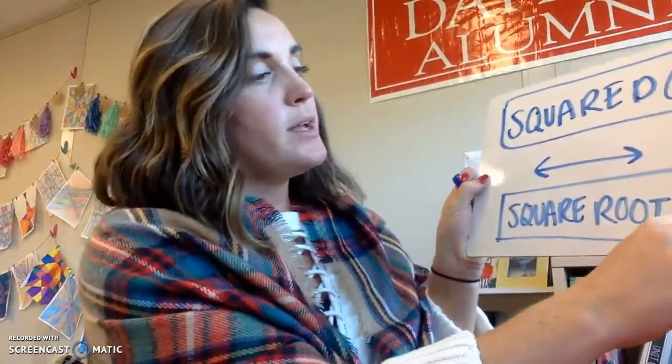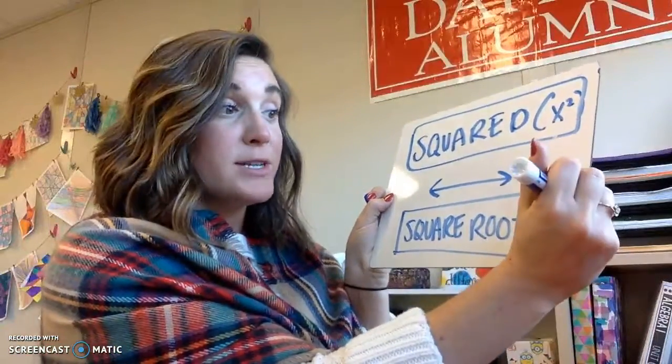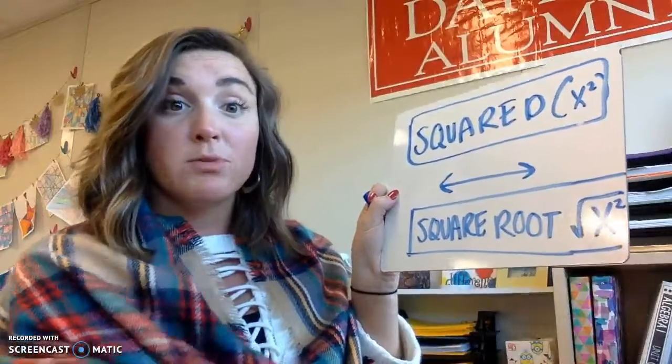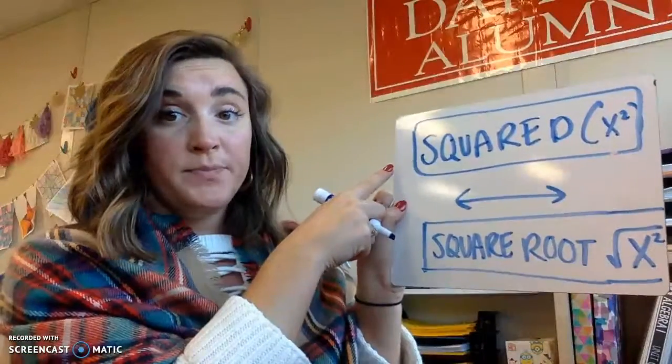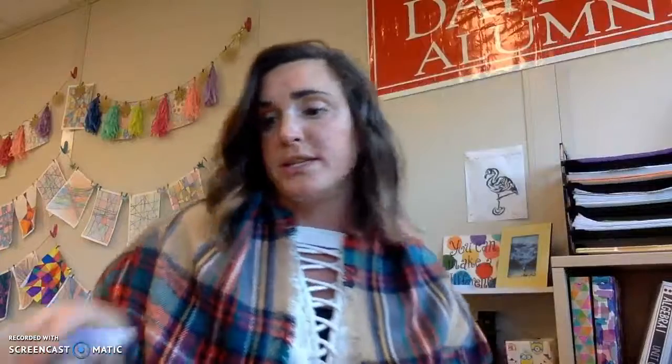All right, so if we want to unsquare something, we have to take the square root of it for it to cancel out. And we'll get some examples with numbers instead, so that'll make that easier for you, hopefully. Squared is the inverse of a square root. Pause if you need a minute to write that down before we continue.